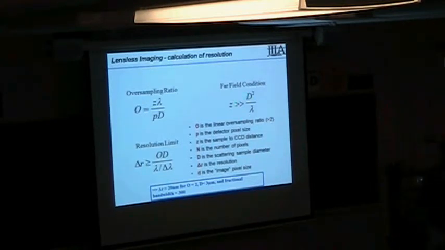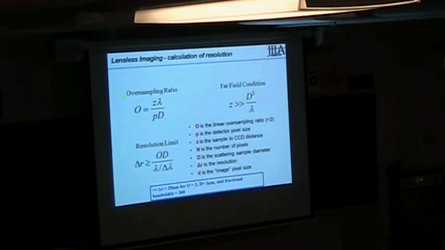The far field condition I was talking about is just how far away you have to go so that what you measure is the Fourier transform of the object. That's not actually a requirement for doing this type of imaging. As long as you know how to get back and forth between the two planes, you don't really need to go far enough to satisfy this requirement.